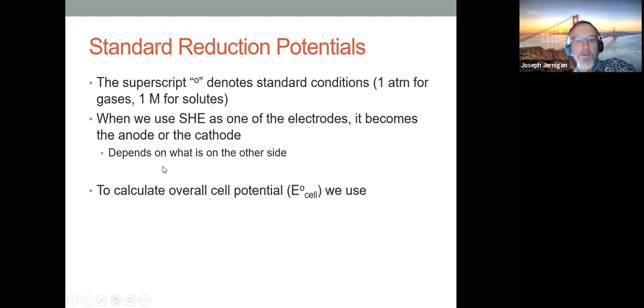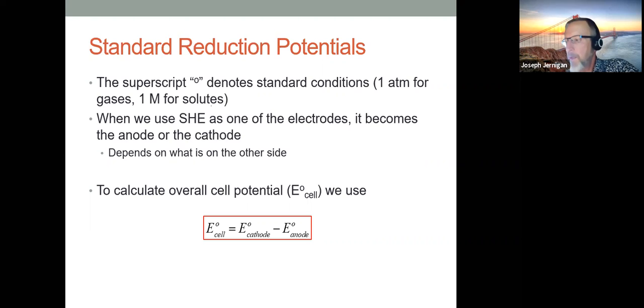This goes right back to the initial table that we talked about: all of those standard reduction potentials relate to the standard hydrogen electrode. That's why they have that 0 superscript, okay?